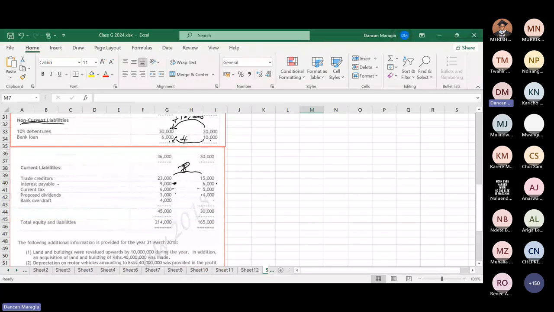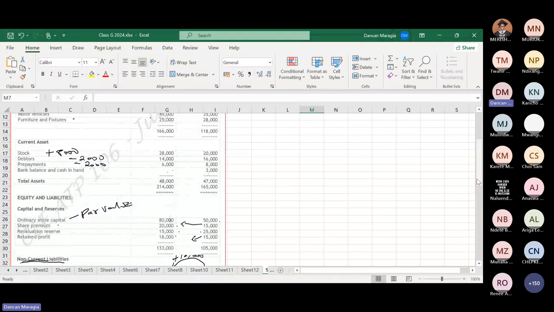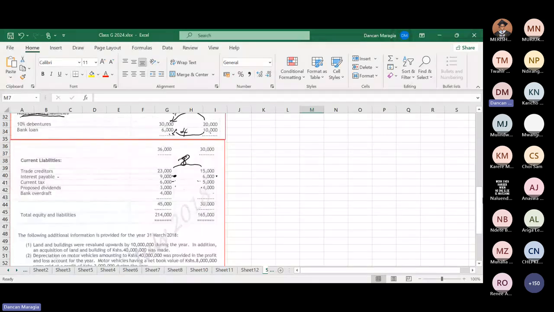So you can see now at the start, we had a bank balance of 3 million. But by the time we are closing, we have a negative bank balance, a bank overdraft of 4 million. So we started with 3 million.